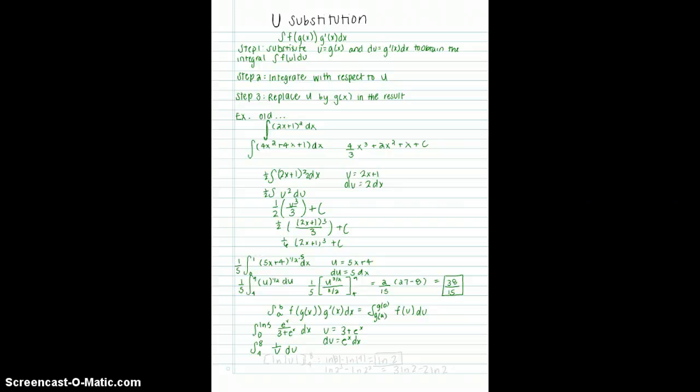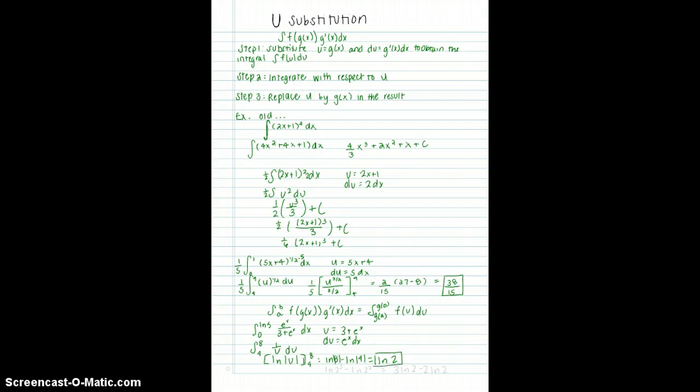Now we know the integral of 1 over u is natural log of the absolute value of u, and we're going to do that from 4 to 8. So we have the natural log of 8 minus the natural log of 4, absolute values, equals the natural log of 2.